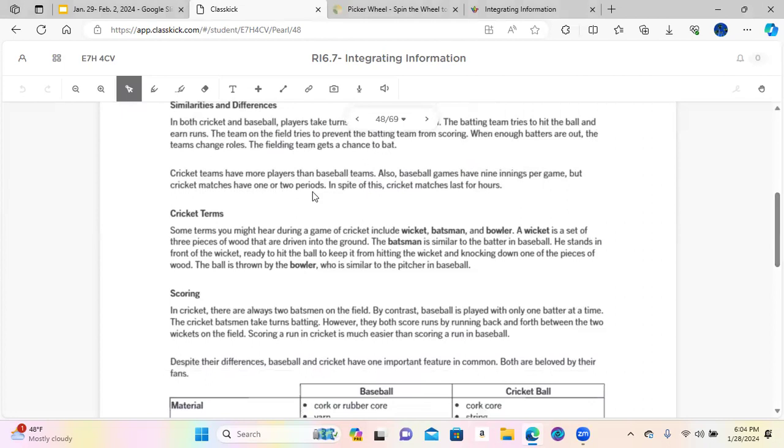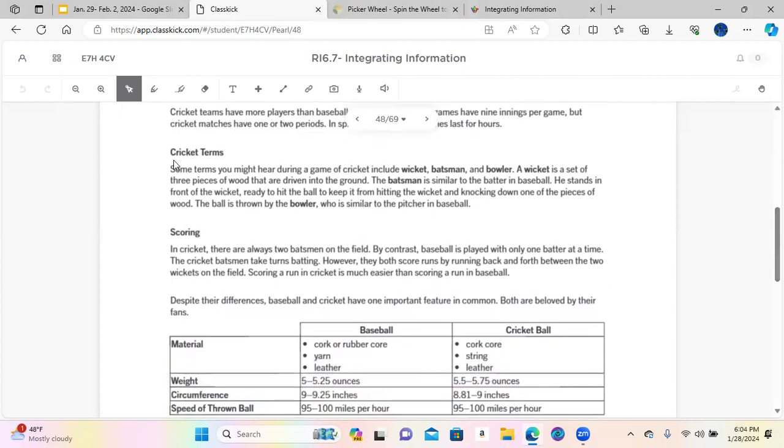Cricket teams have more players than baseball teams. Also, baseball games have 9 innings per game, but cricket matches have 1 or 2 periods. In spite of this, cricket matches last for hours. Cricket terms. Some terms you might hear during a game of cricket include wicket, batsman, and bowler.